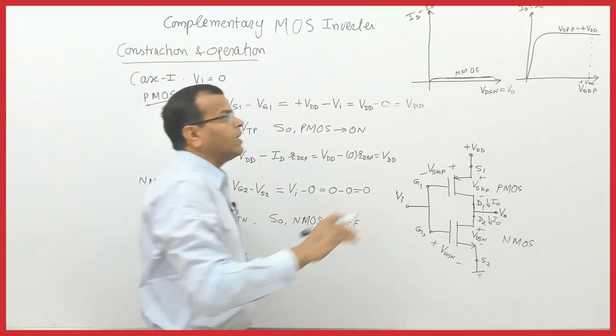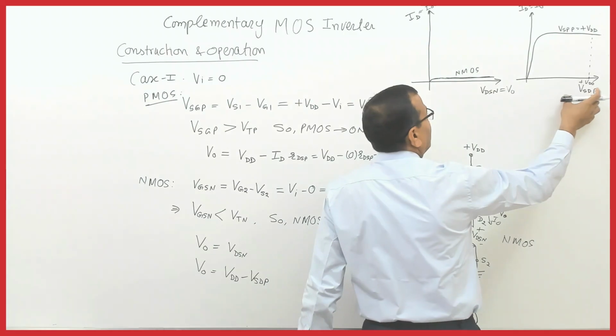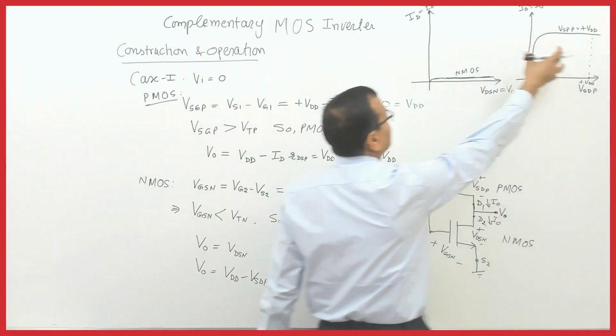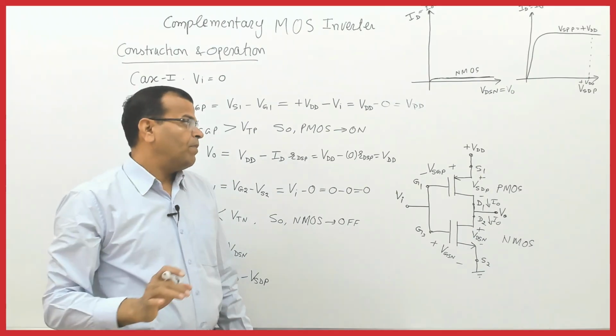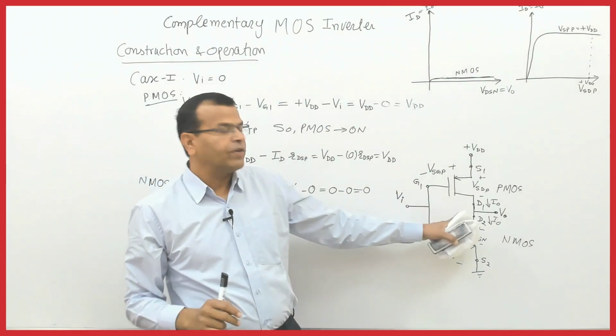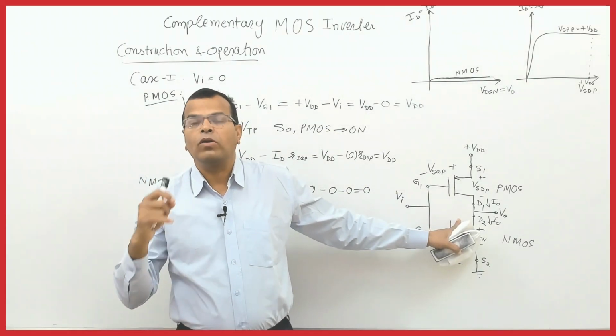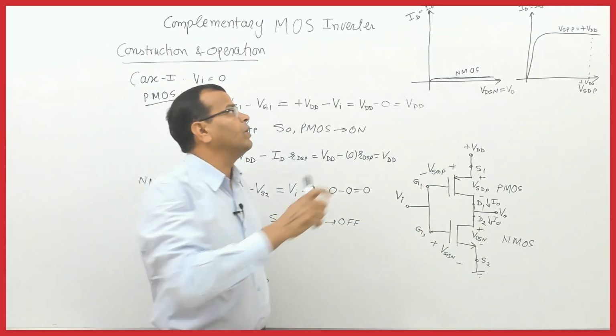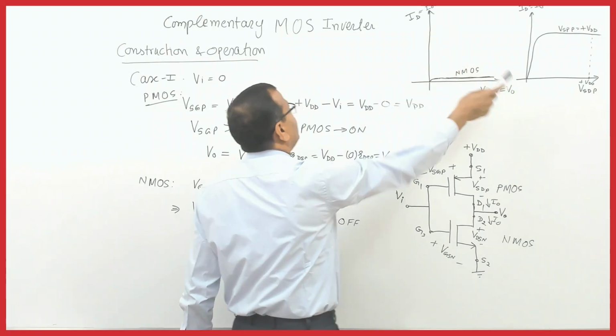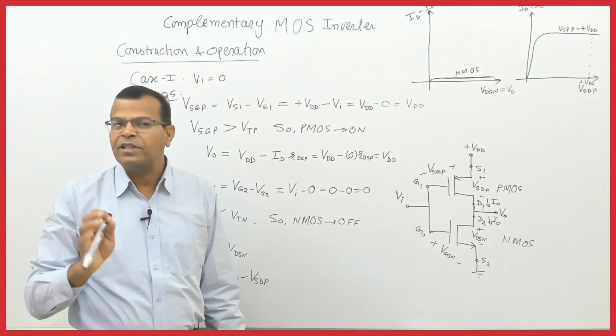Now, this is output characteristic, this is output characteristic, both are drain characteristics. But I have to draw the characteristic of CMOS, not MOSFET individually. The characteristic of CMOS will be I0 versus V0. I repeat, please understand.